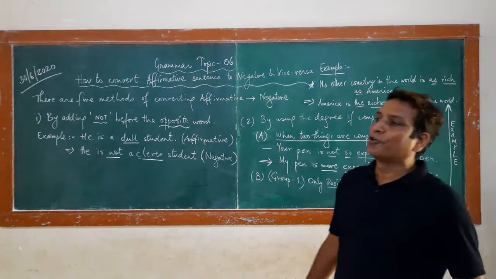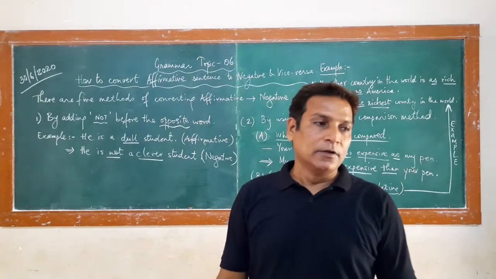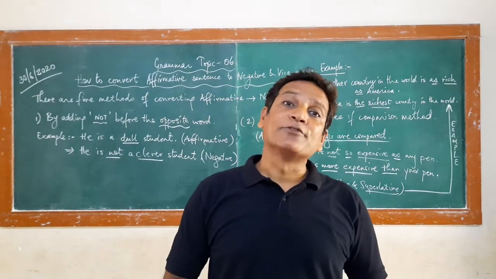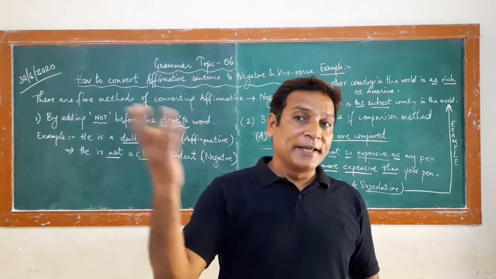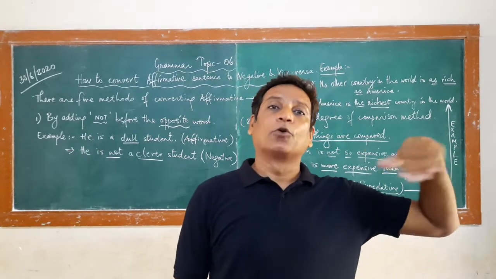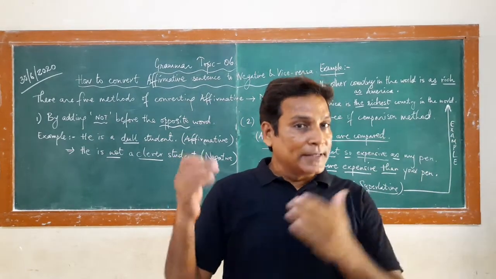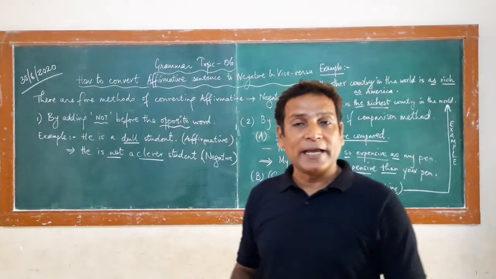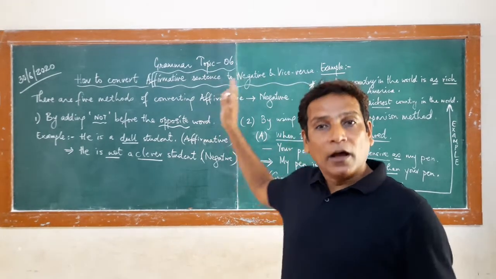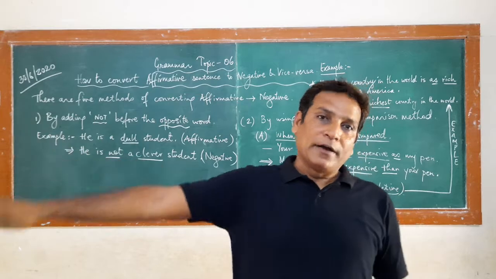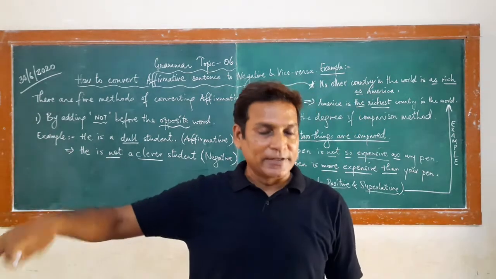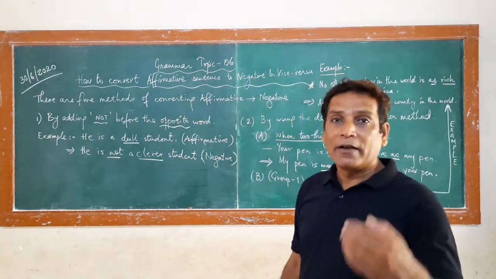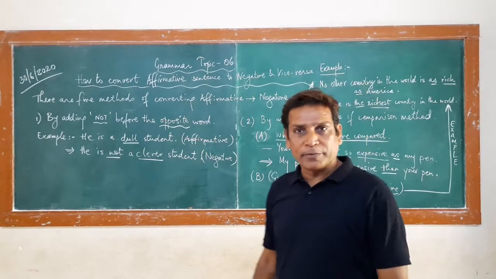This second method you also learned when you learned the topic of degrees of comparison. Degrees of comparison as a topic is totally separate, but this is also one of the methods by which we can transform a positive sentence, meaning an affirmative sentence, into a negative one. Now let us see how we can transform it.